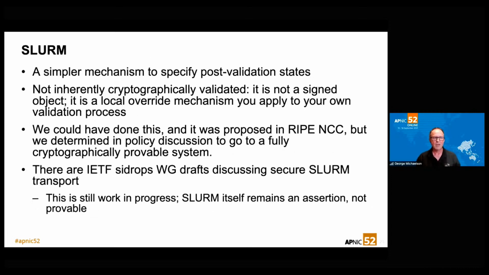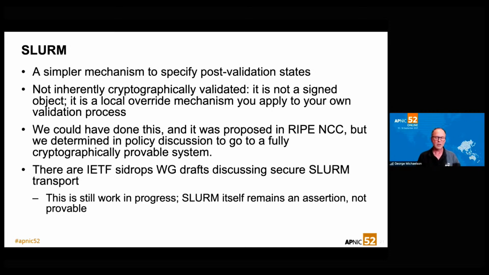So, at this point, we should probably note that SLURM is a really important tool. It's part of your local BGP configuration if you choose to use it. But crucially for us in the RIR space, it's not a provable assertion. Nothing inside a SLURM file is subject to PKI validation checks.